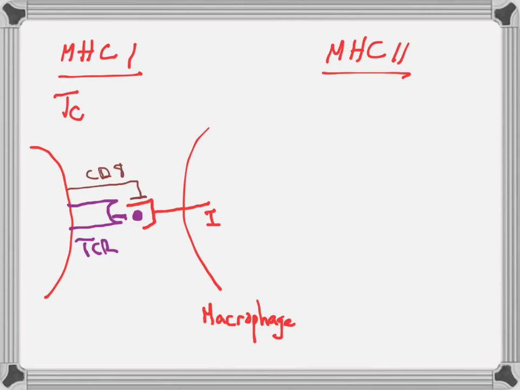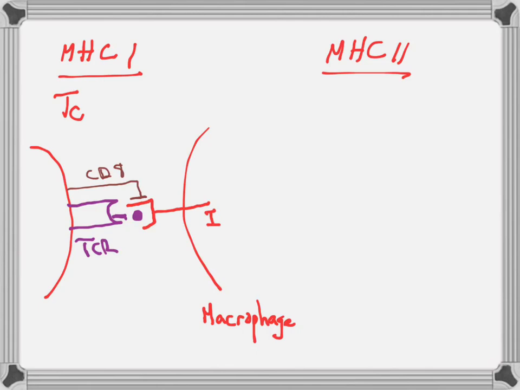So again, two things have to happen at the same time. The T cell receptor has to bind to the specific antigen, and CD8 has to bind to MHC1. And the only way that this occurs is if that specific antigen is loaded within MHC1.